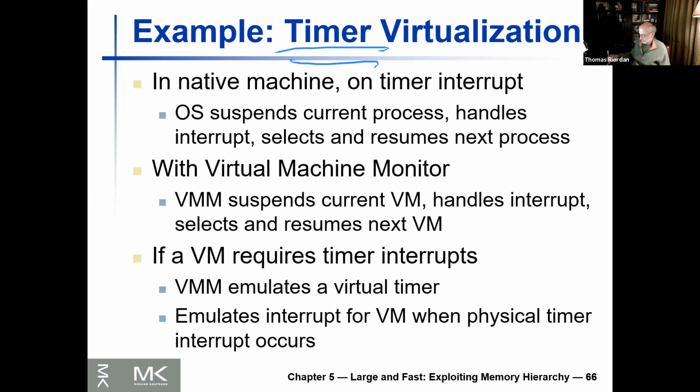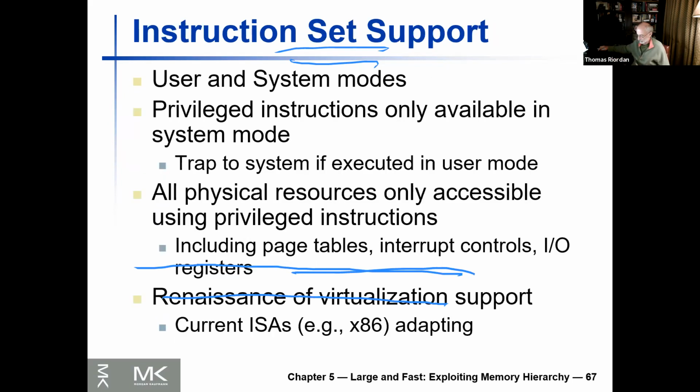When the operating system wants to change context, it'll wait for the timer interrupt to go off, and now the timer interrupt can't be serviced by the old OS, so it has to be serviced by the virtual machine monitor. So the VMM emulates a virtual timer. Anyway, this is a case, but it's not the really important case, and we'll come back to the really important case in a moment.